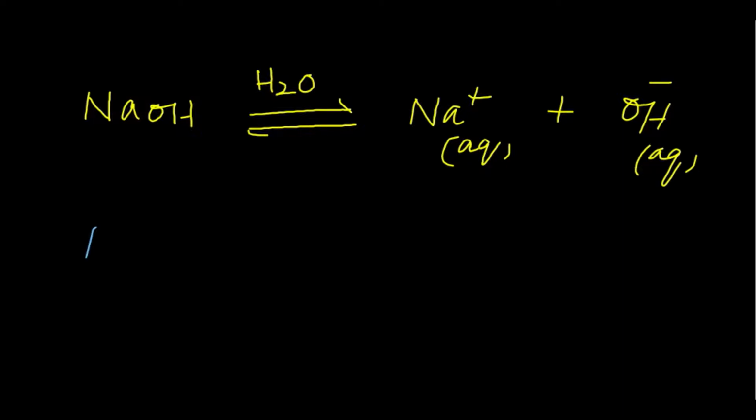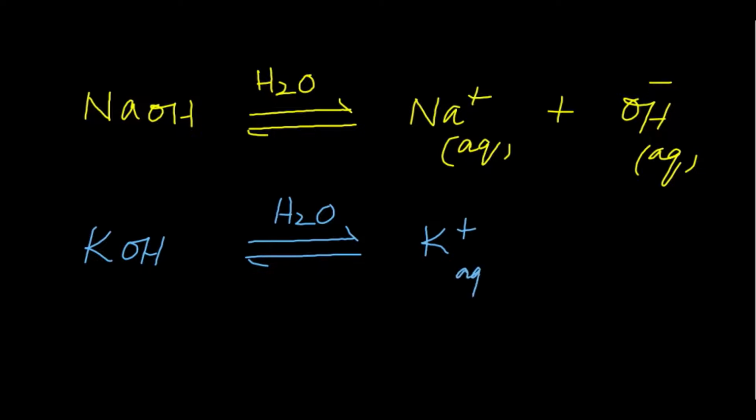Similarly, if we have potassium hydroxide, which is Arrhenius base, KOH, right students. If we dissolve potassium hydroxide in water, in the presence of water, it dissociates to give aqueous potassium ion, right students, plus aqueous hydroxide ions. Similarly, we will take one more example.